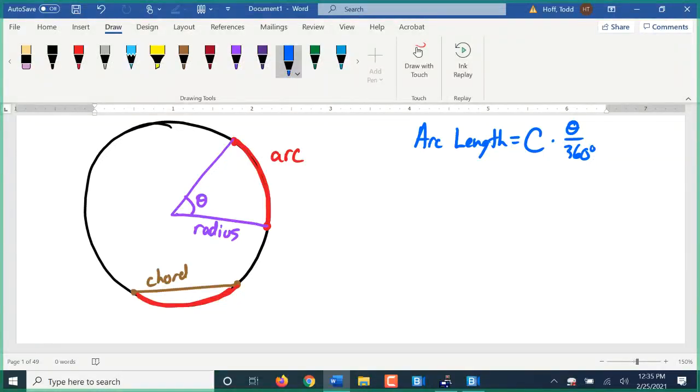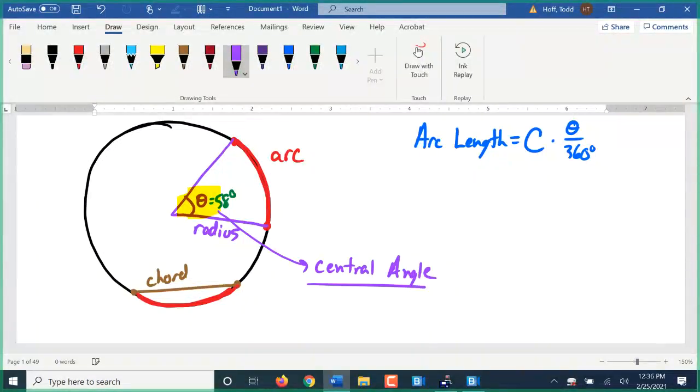But there's another way we could define it. Let's say that I tell you this angle here is 58 degrees. Now remember, this piece here was called a central angle. We can define our arc based off that central angle.